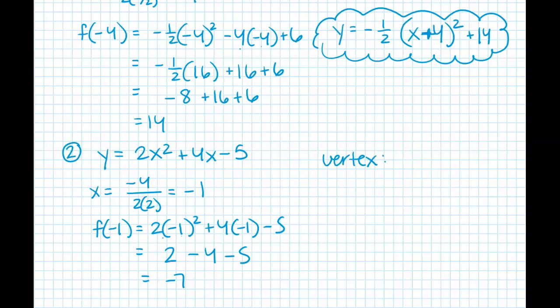So our vertex is negative 1, negative 7. Looking right here, a is 2. So in vertex form, we have 2 times x minus negative 1, which goes to plus 1, squared, minus 7, because we just tack the y value on at the end.